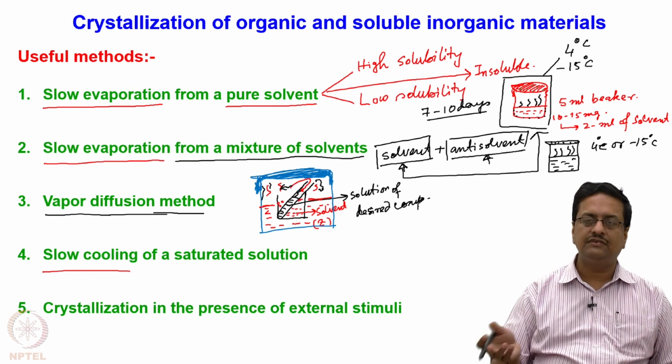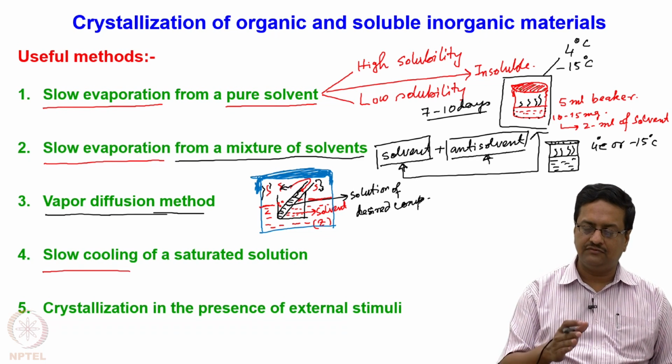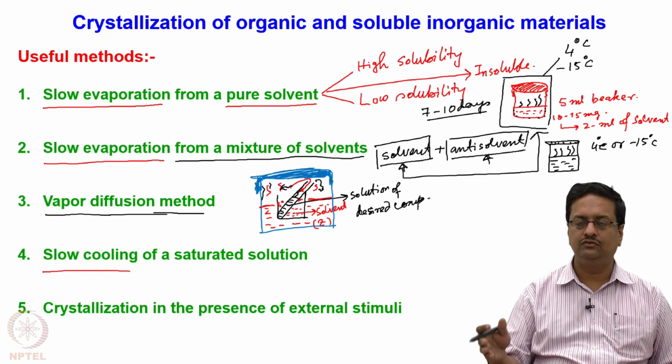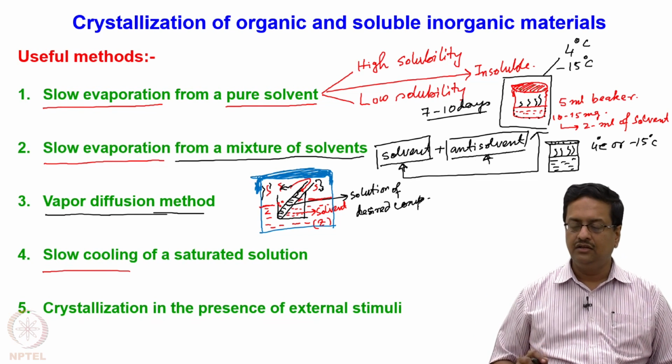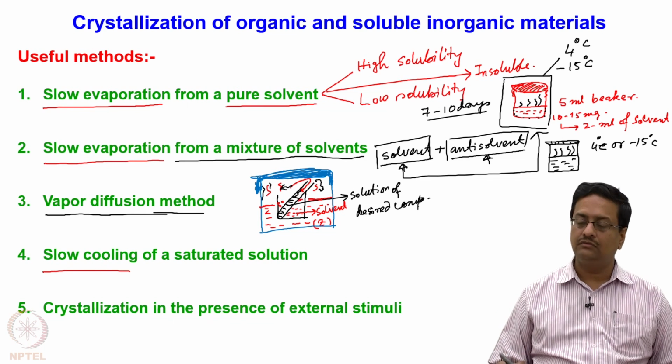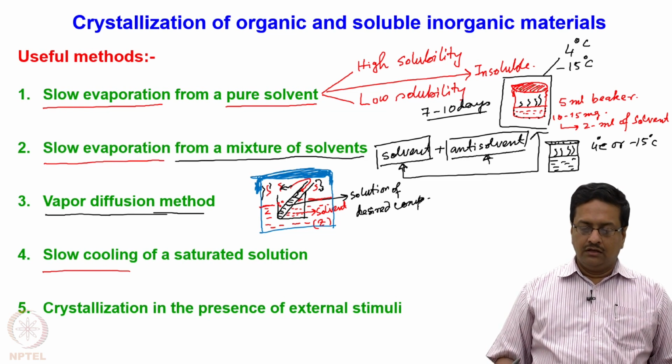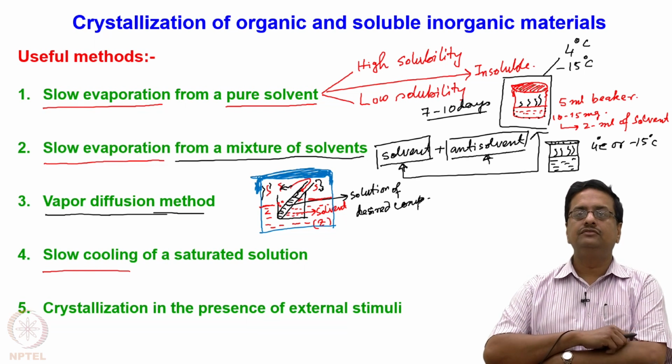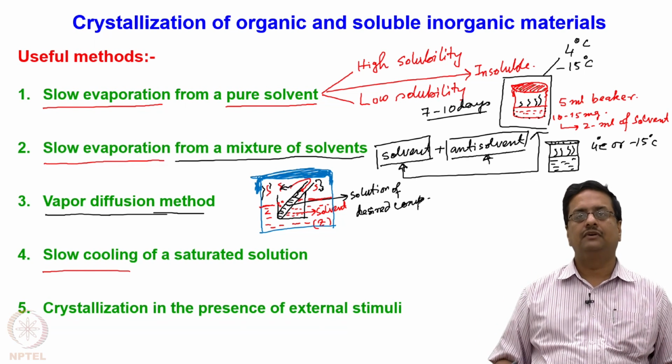So, by this vapor diffusion method, the diffusion of vapor of solvent 1 in solvent 2 and solvent 2 in solvent 1 may result in good quality single crystal growth. This method is many times useful in case of organic compounds.